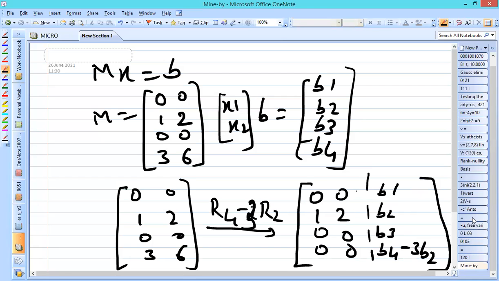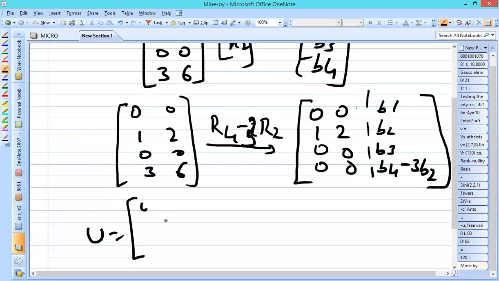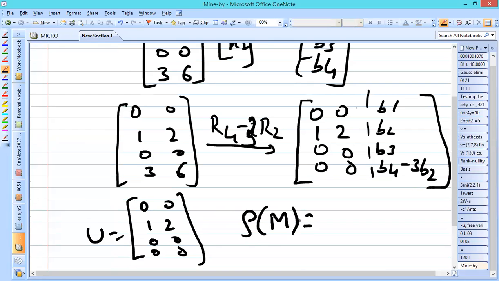So now you can write the echelon matrix U as 0, 0, 1, 2, 0, 0, 0, 0. So what is the rank of this matrix? What is the rank of matrix M after reducing it to the echelon form?